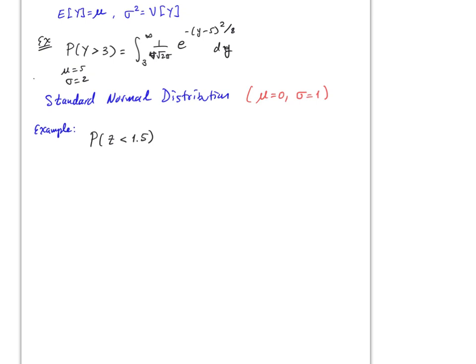Okay. Now the first thing you should always try to do for this is draw a graph. It's not mandatory, but it will make life easier. So this is a standard. 0 is in the middle, so this is 1.5. So less will be this. So that's what you want.